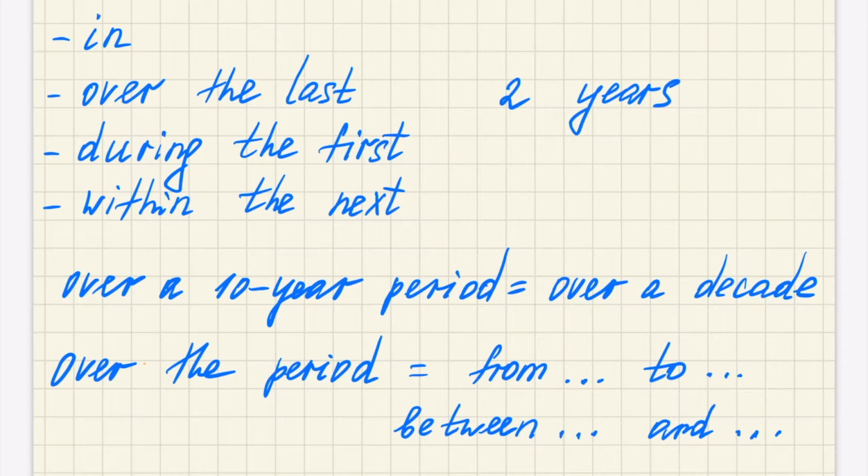It will show that you are open-minded, you have lots of vocabulary to use, and you are analyzing at a high level. And also you can write about the time like over the period from, let's say, 1990 to 1992, between 1990 and 1992. You can use both options, both of them are going to be right.